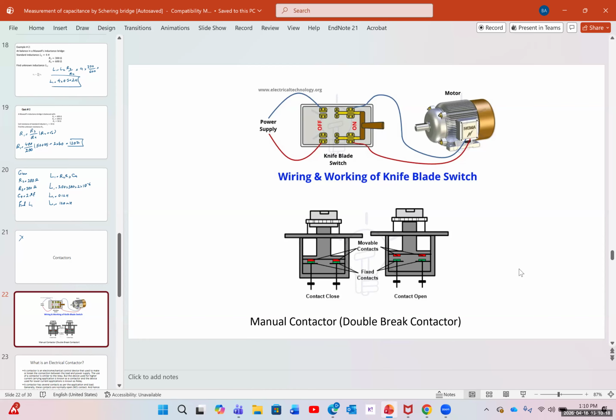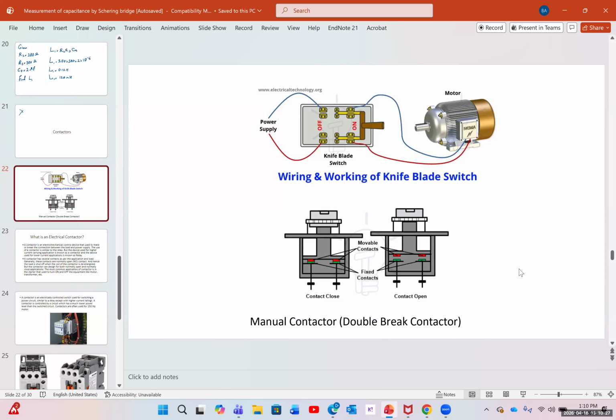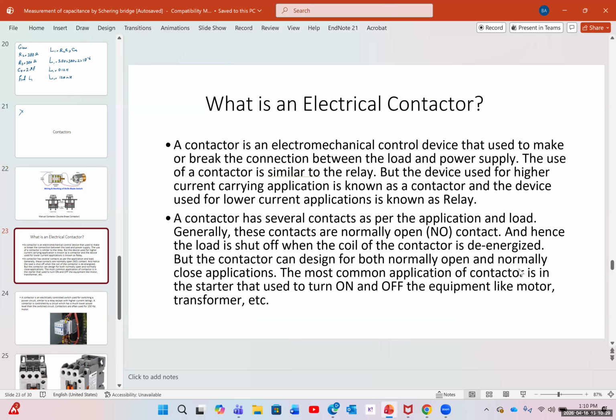Now, you may ask, what are the benefits of contactors? Why do we even need an electromechanical system? And I will go through that. So a contactor is an electromechanical control device that is used to make or break the connection between the load and power supply.